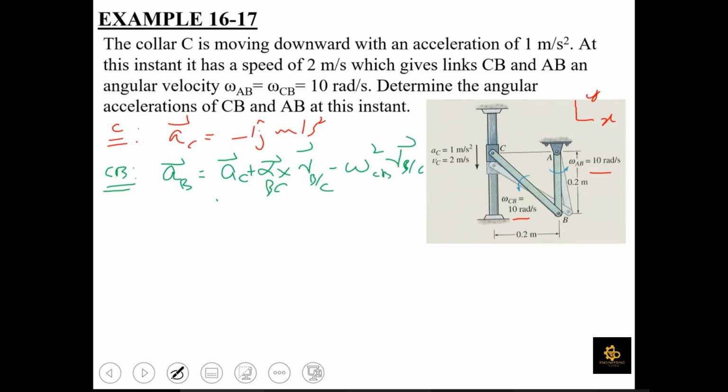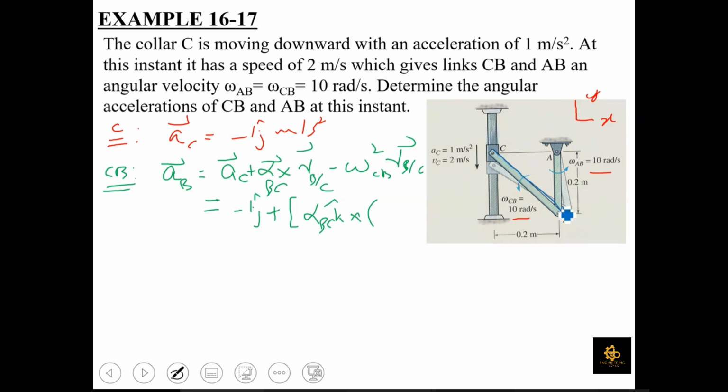Okay, now in this case, the acceleration of point C is known to us, so we can write it as minus 1j. And as we have discussed earlier as well, you cannot judge the direction of alpha, so you are going to assume it as alpha BC k cross R BC. What is the relative position of B with respect to C?